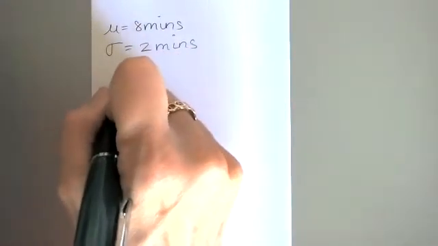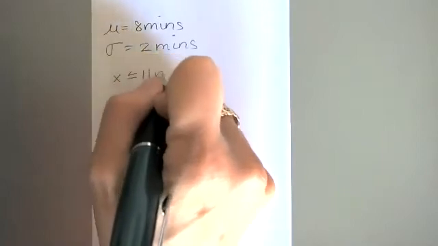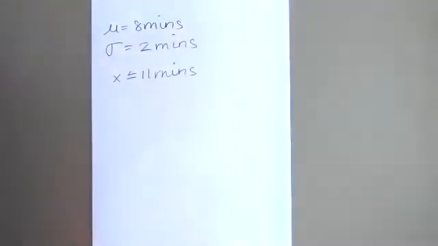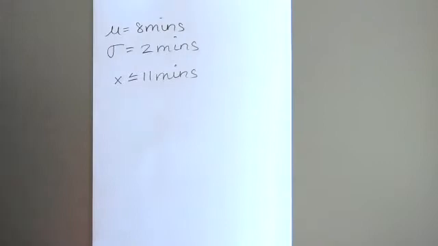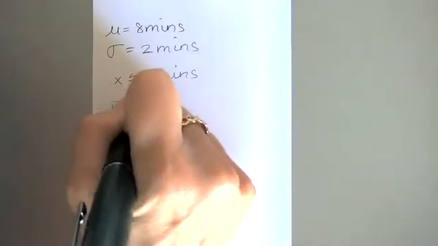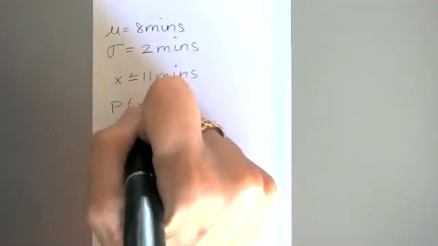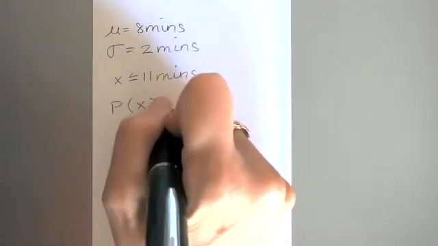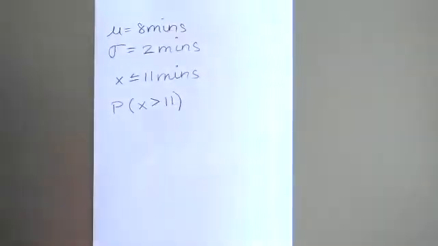So we have X is less than or equal to 11 minutes, because you have no more than 11 minutes. Does that make sense? What is the probability that you will be late for this meeting? So the probability that X is greater than 11 minutes. Right? That's what they're asking us?